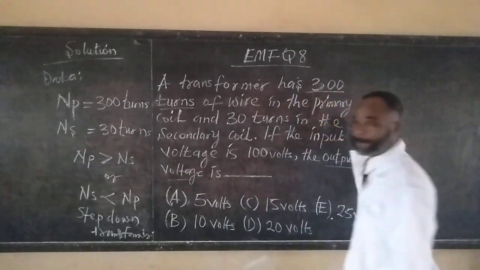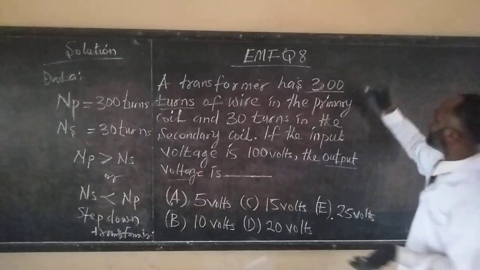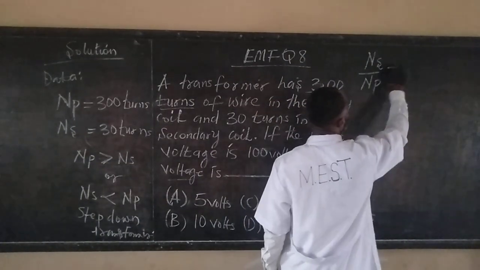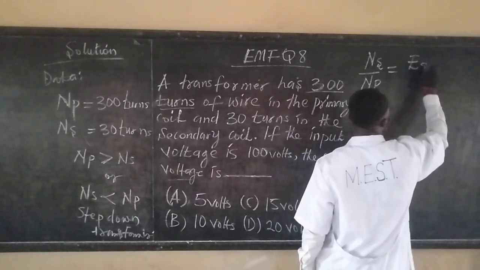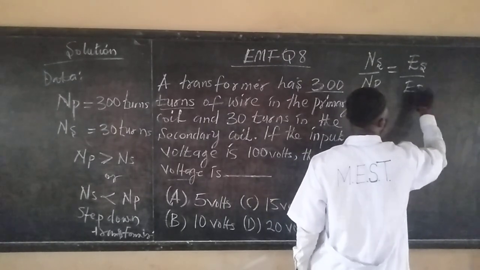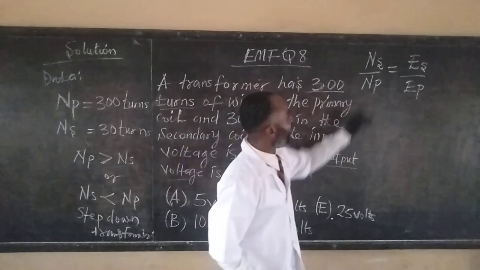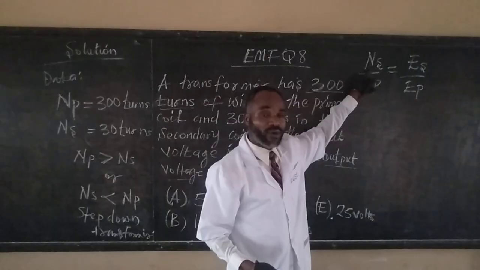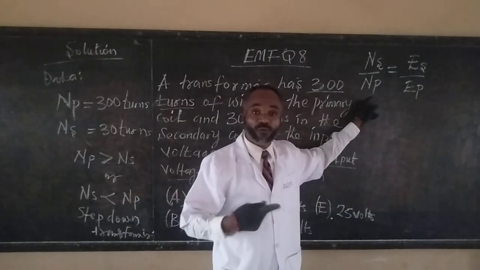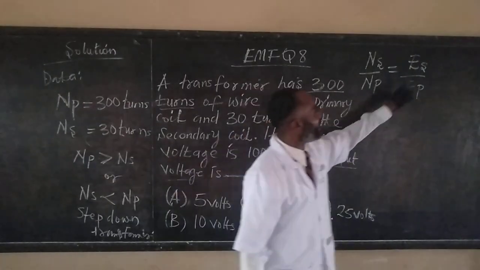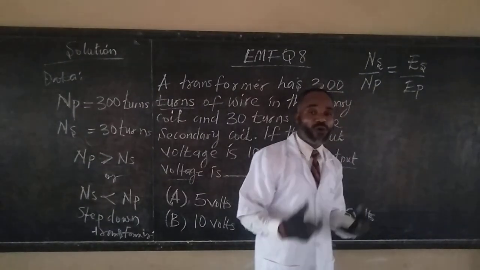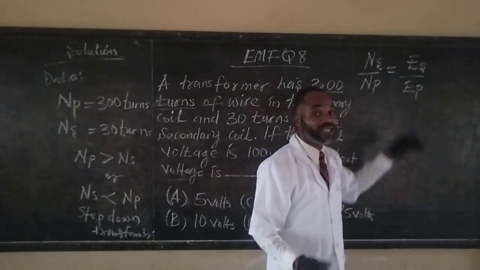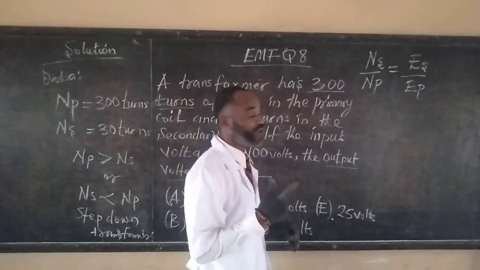There is a relation to use to solve this, and that is NX over NP equals EX over EP, where NX is the number of turns of wire in the secondary coil, NP is the number of turns of wire in the primary coil, EX is the voltage across the secondary coil, and EP is the voltage across the primary coil.